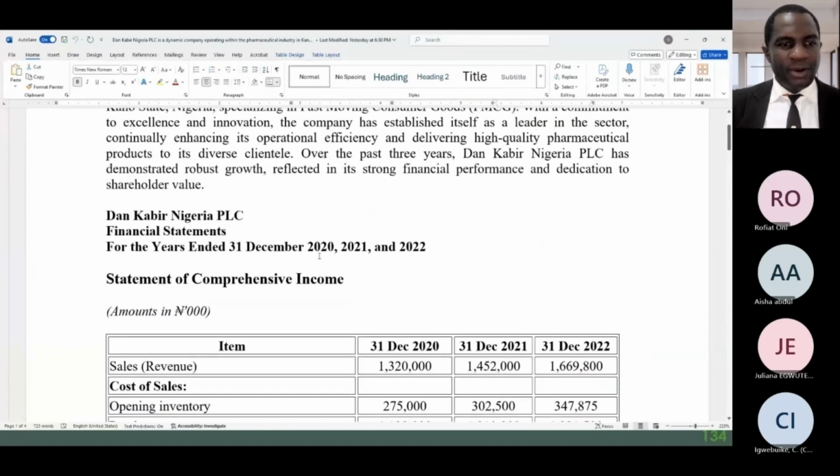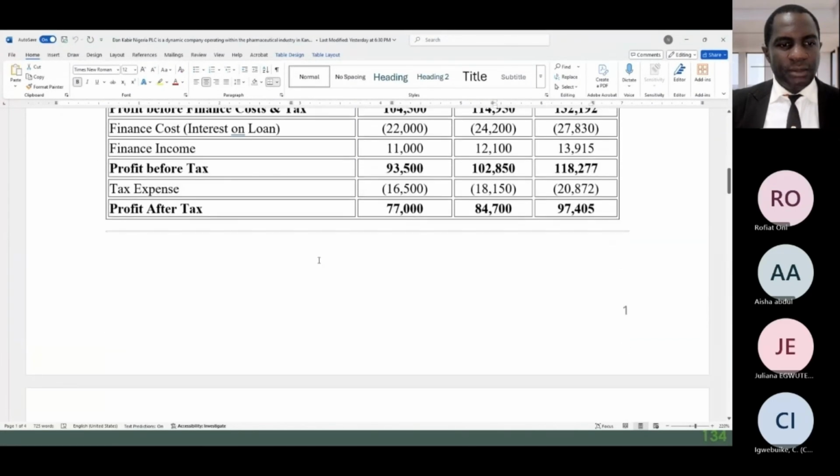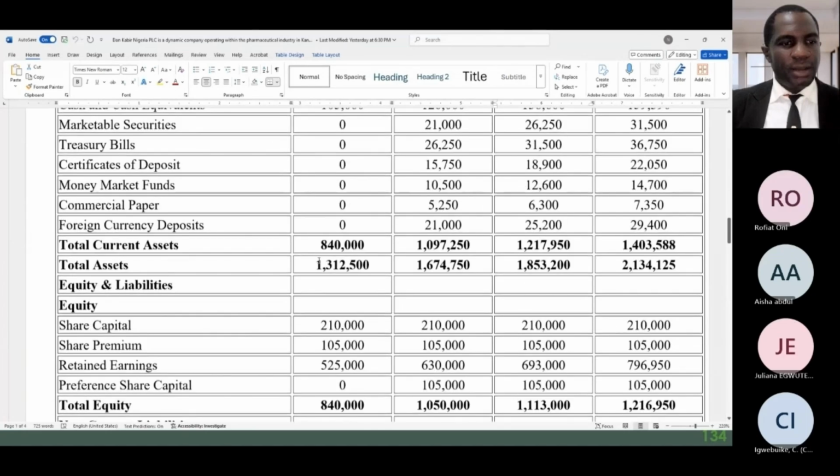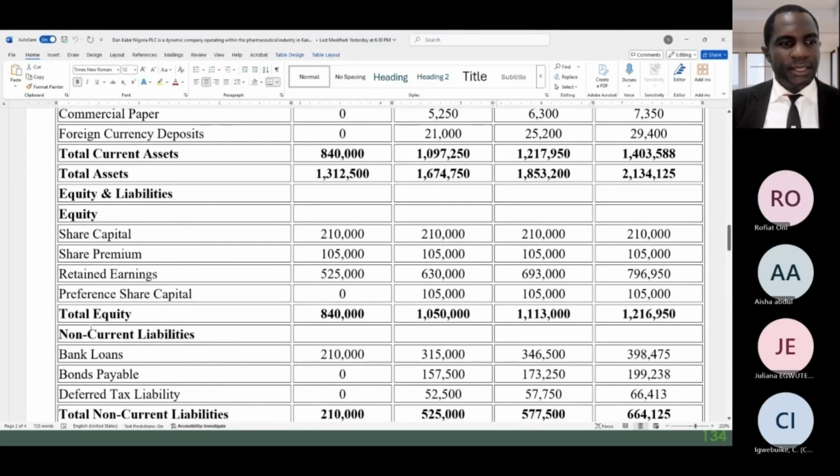In calculating our return on equity, there's a variation. I know I'll get questions on that. The total equity is inclusive of preference share capital, because it is assumed to be internally generated capital for the business.